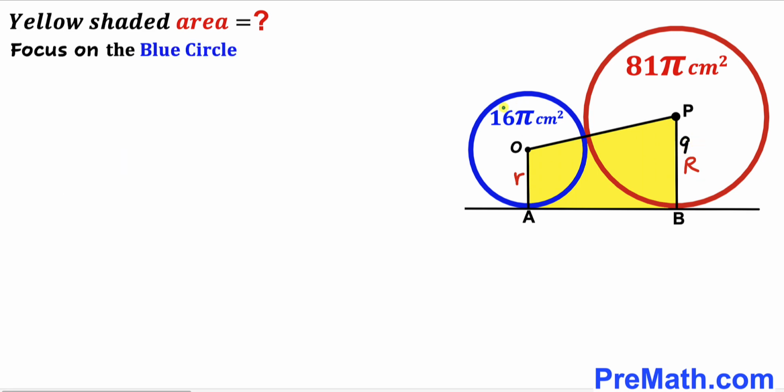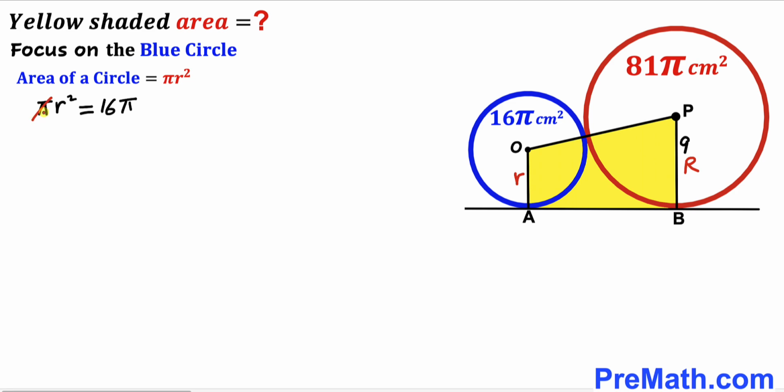Now we are going to focus on this small blue circle. Let's recall the area of a circle formula once again: area equals πr², where lowercase r is the radius of this blue circle. In our case, the area of this blue circle has been given to us as 16 times π. So we can write π times lowercase r² equals 16 times π.